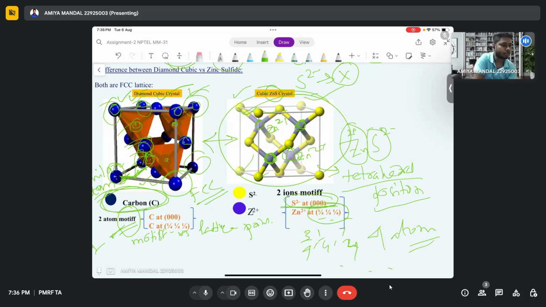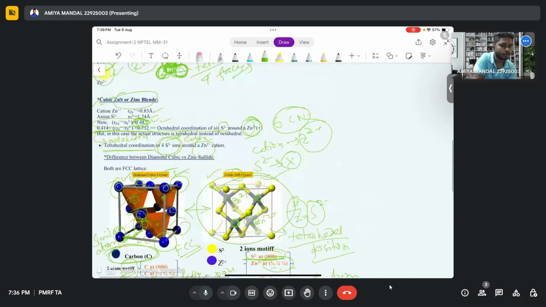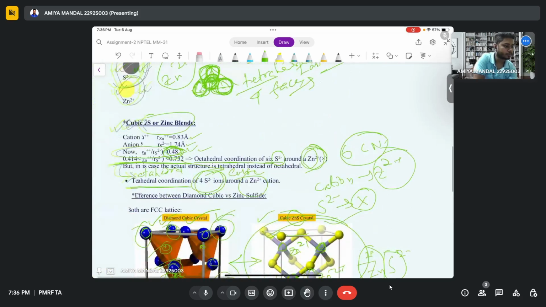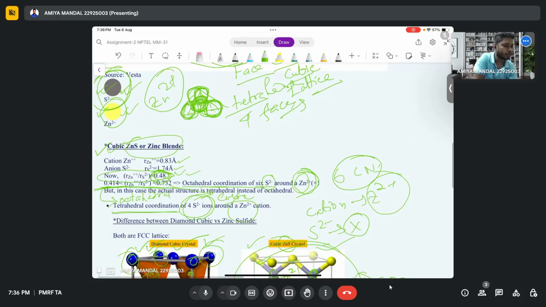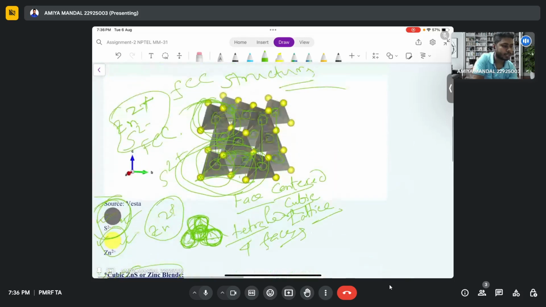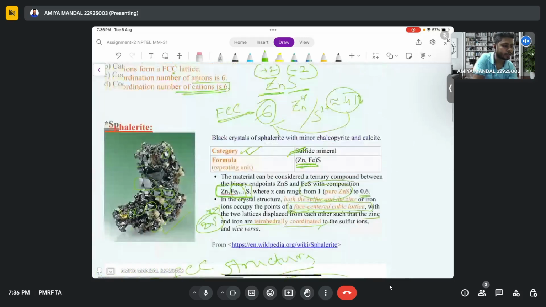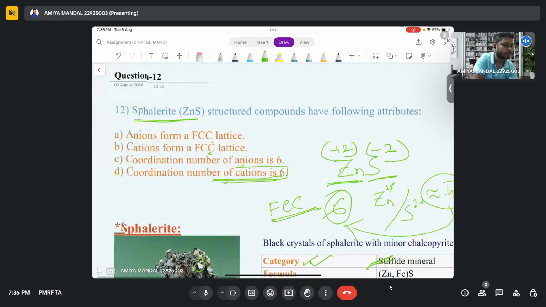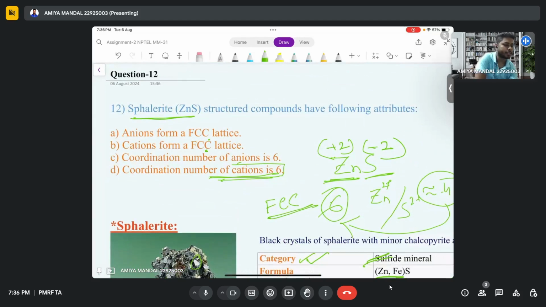Okay. So these are some information about ZnS sphalerite. Based on this information, you can now answer the question: sphalerite ZnS structure compounds have the following contribution.